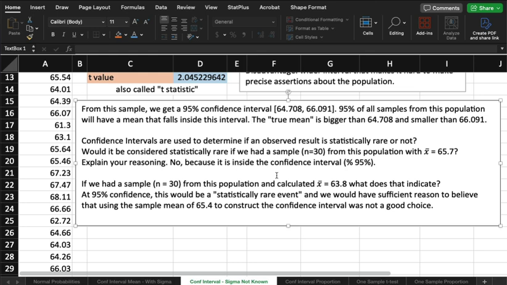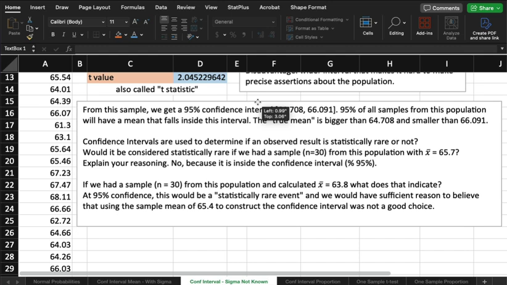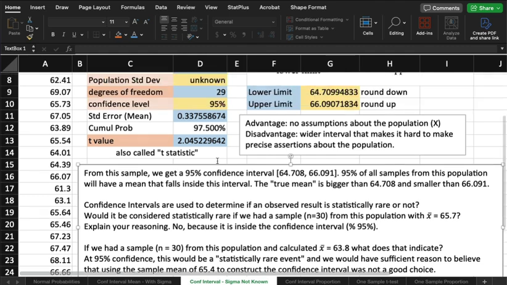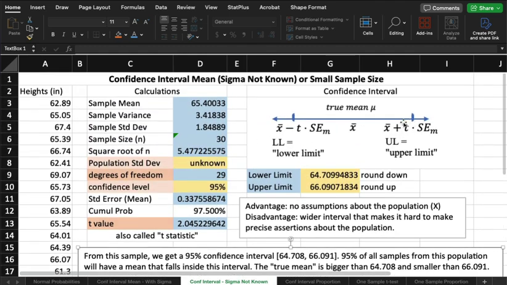That the true mean is not in fact centered at 65.4, but is centered at a different value than that. So one sample being outside of that range is sufficient to suggest that our confidence interval should be centered at some different value.